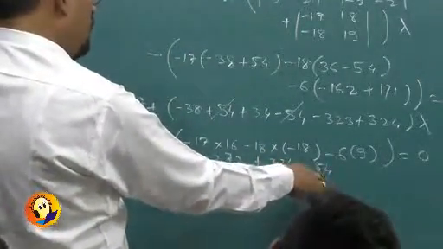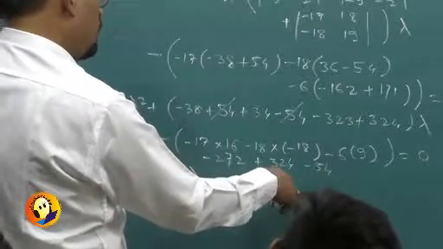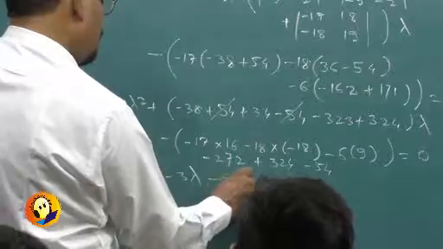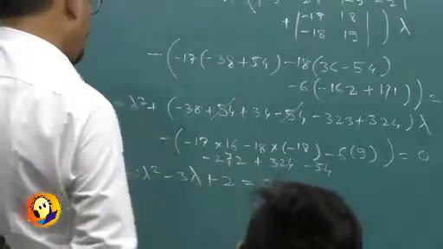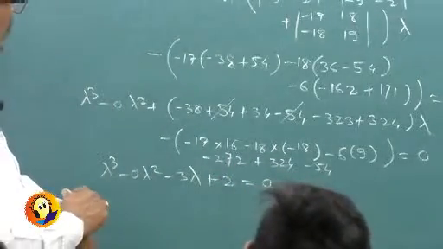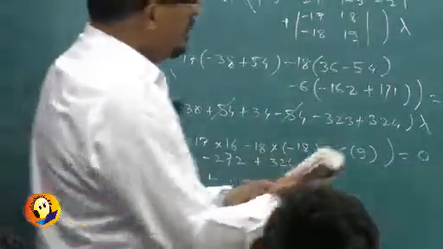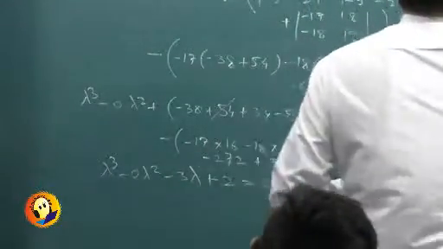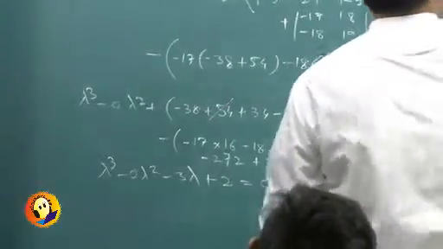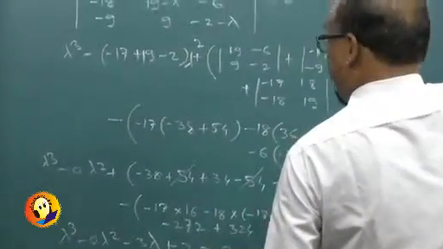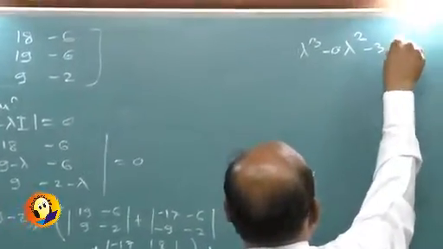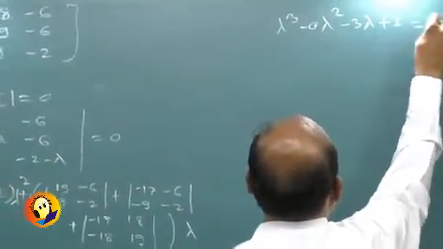So minus 54, this is 270 minus 2 plus 2 equal to 0. After doing so much, so it is lambda cube minus 0 lambda square minus 3 lambda plus 2 equal to 0.